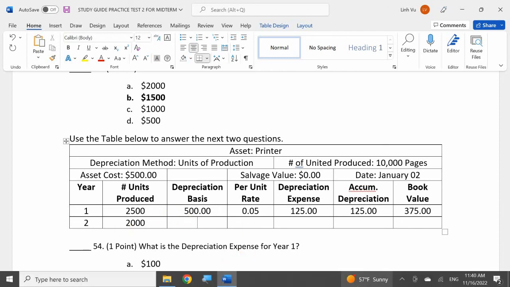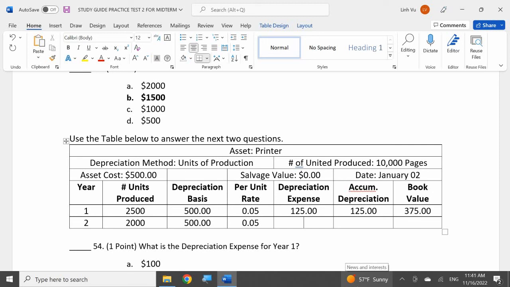Depreciation basis is going to be asset cost minus salvage value, so in this case it's still $500. Your per unit rate is going to be your depreciation basis of 500 divided by the number of units you could produce, 10,000. So therefore, you're still going to get your 5 cents per page.